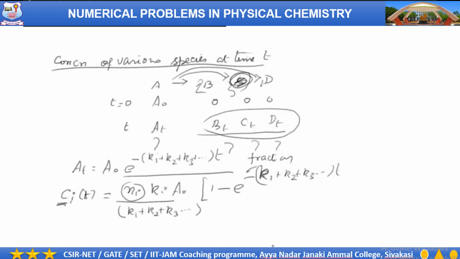That is, 1 minus e power minus KT is the fraction reacted, the fraction converted into product, given by this equation.